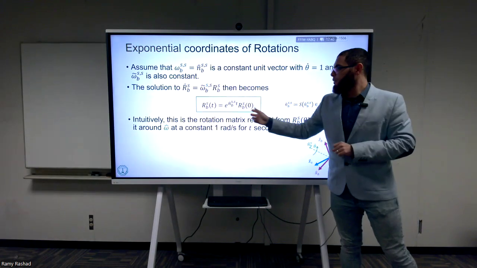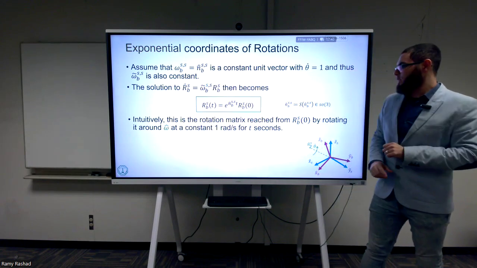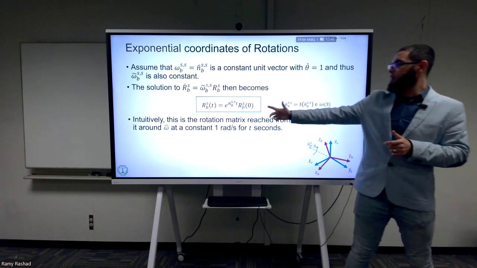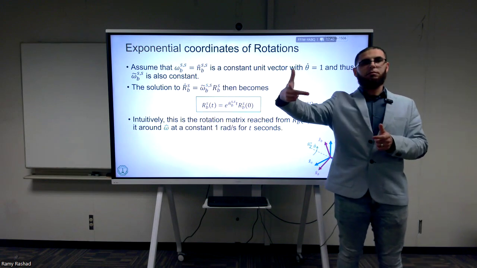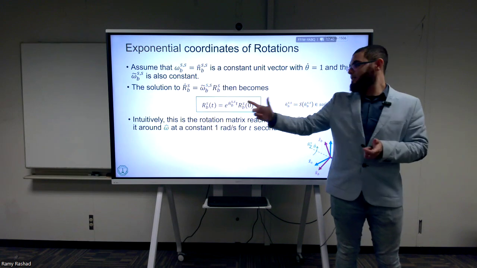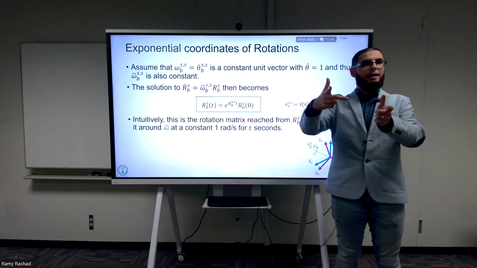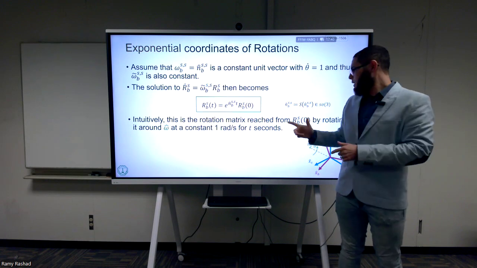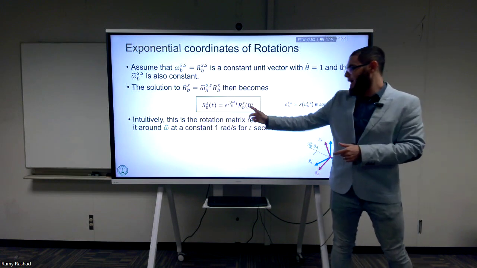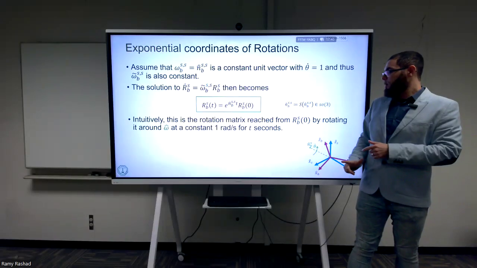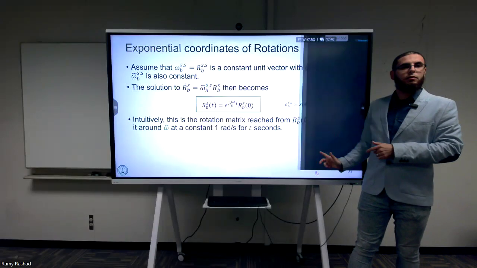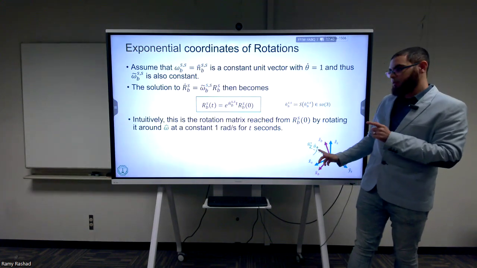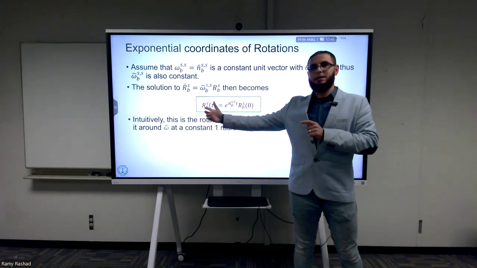In this case, if you see this matrix exponential, you can think of it this way: I'm starting with some initial rotation matrix between B and S at time 0. And then I'm rotating it. I'm doing some sort of rotation around an axis, which is n hat, for 1 second at a speed of 1 rad per second, and then I reach this rotation matrix.